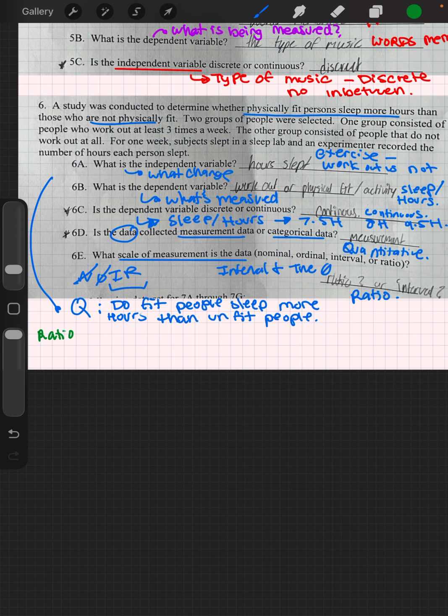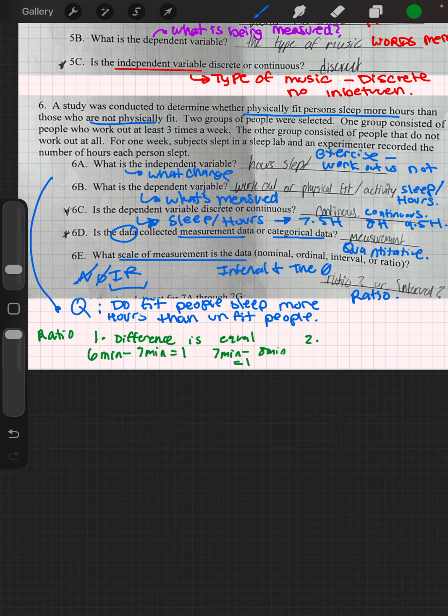Ratio, you have to do two things. The first thing is the difference is equal. If it's 6 minutes to 7 minutes, that's a 1 minute difference, and then 7 minutes to 8 minutes, that's also 1.